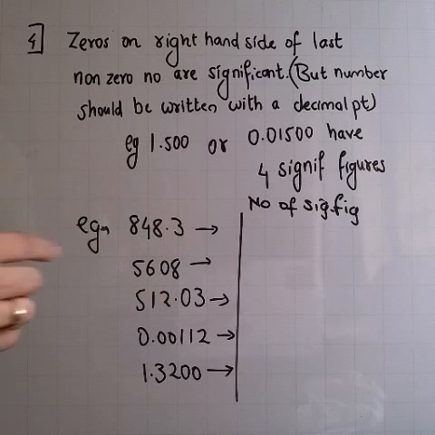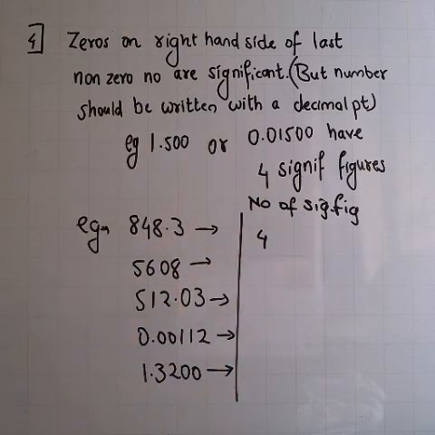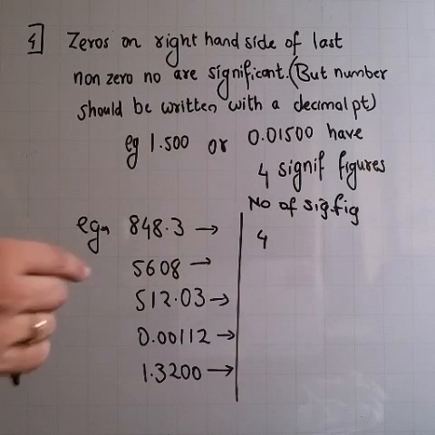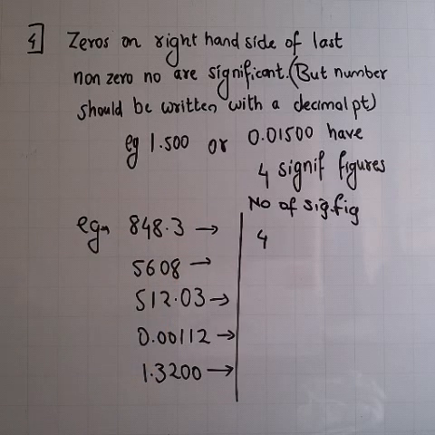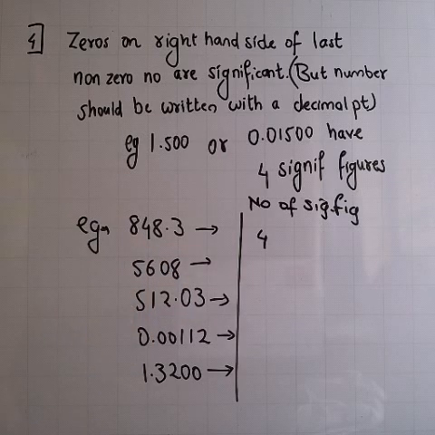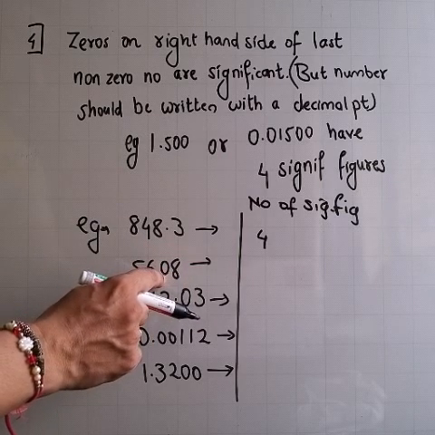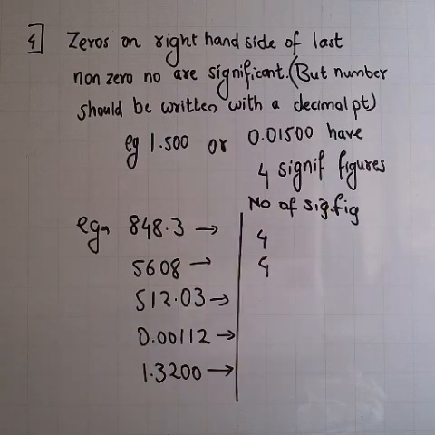Think. Come on. 1, 2, 3, 4. Yes, there are 4 significant figures. Next case, 5608. How many will be there? Now 0 is coming between 2 non-zero terms, so this will also be significant. So 1, 2, 3, 4. Total significant figures will be 4.